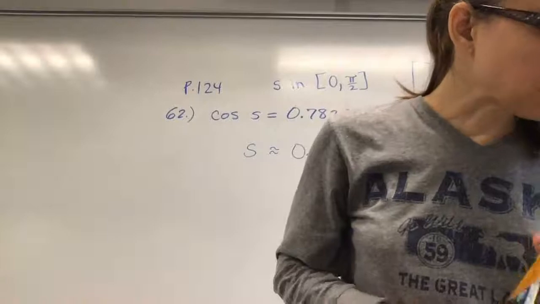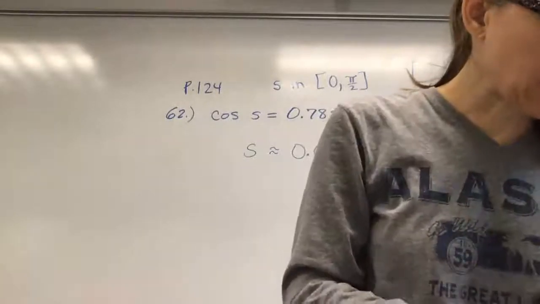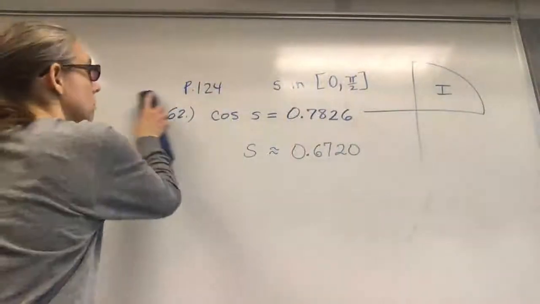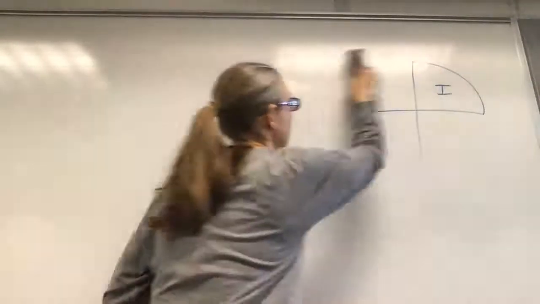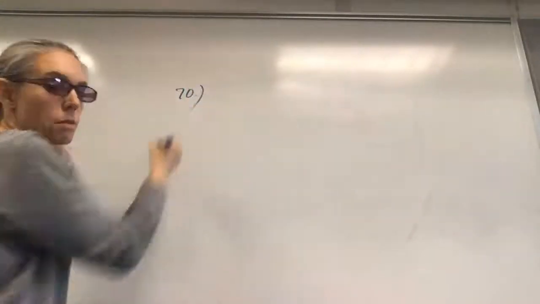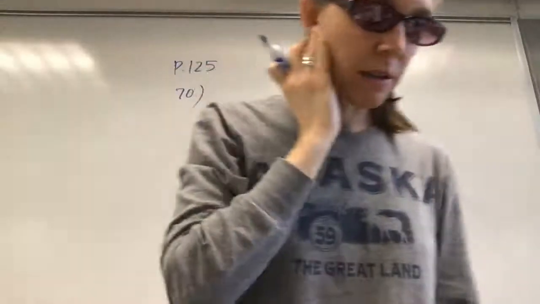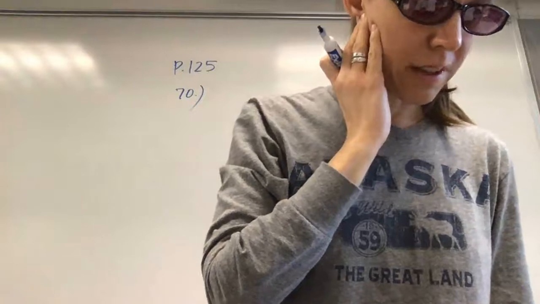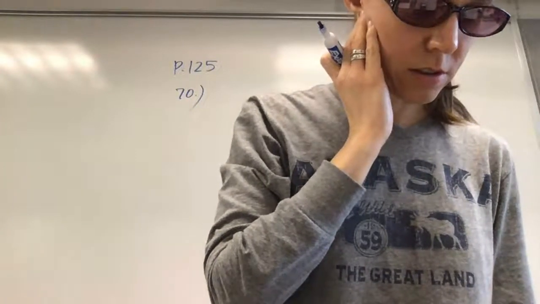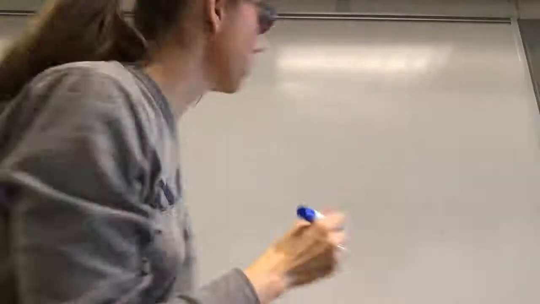Okay, so the next problem I want to work through is number 70. Number 70 is on page 125. And in this problem, we are looking for exact values, and for starters, this is from pi to 3 pi halves.